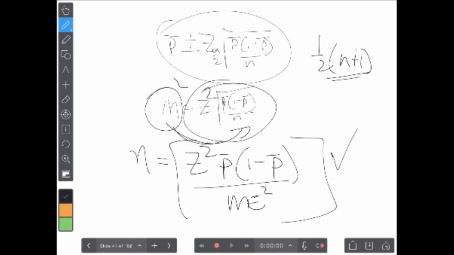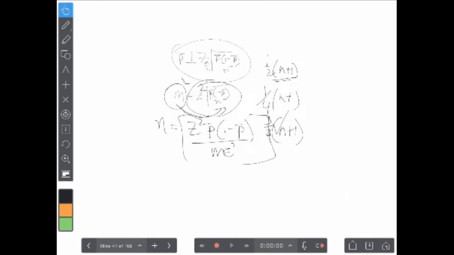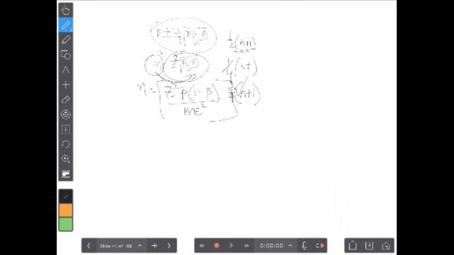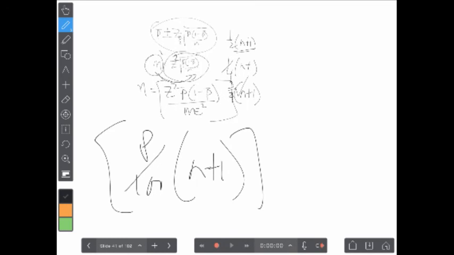And pretty much you do the same thing: 1 over 4 of n plus 1 for the first quartile, 3 over 4 of n plus 1 for the third quartile, and so on. If we want percentiles, then it's just the percentile over 100 times n plus 1. And that will give you a percentile.